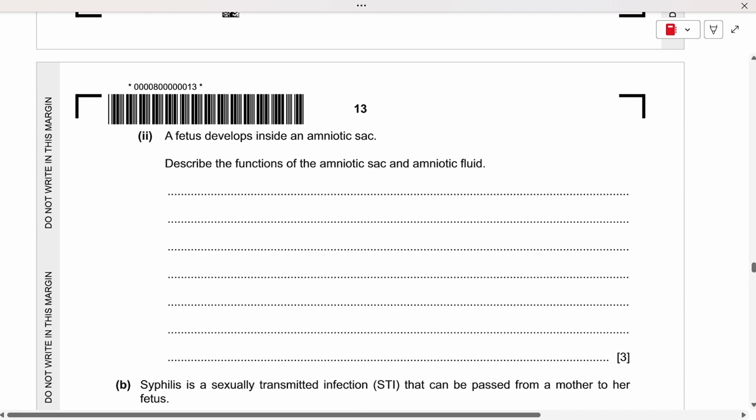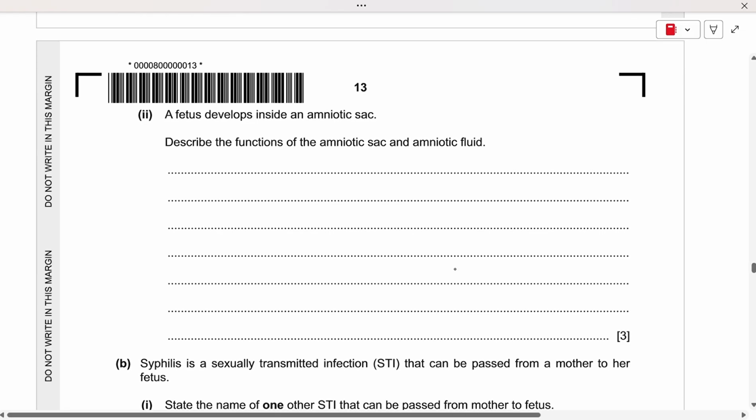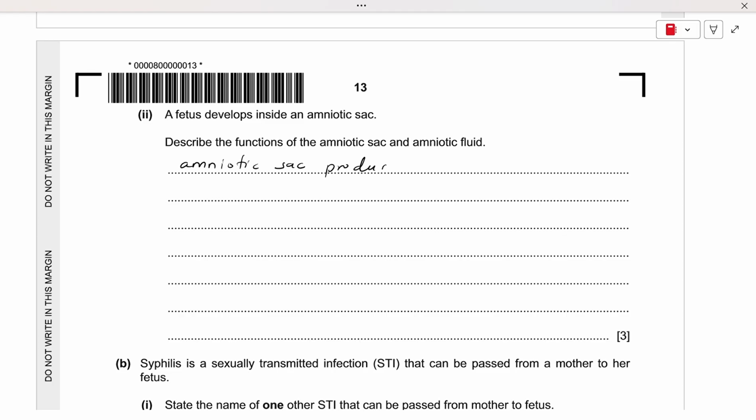But then again, amniotic fluid is usually found inside amniotic sac. So the sac is usually producing what? Amniotic fluid. So say here, amniotic sac produces amniotic fluid. But then again, we can say another function is to prevent mechanical damage of the fetus.